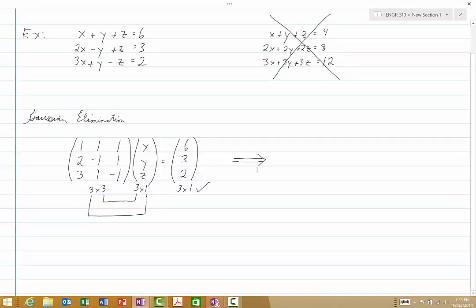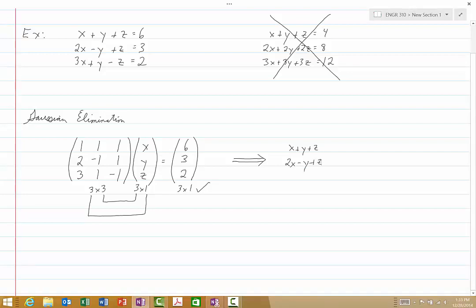Okay, we multiply across the first row and down this column, and our first entry would be x plus y plus z. Then multiply across the second row and down this column, and we would get 2x minus y plus z.